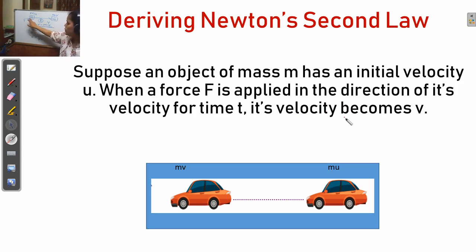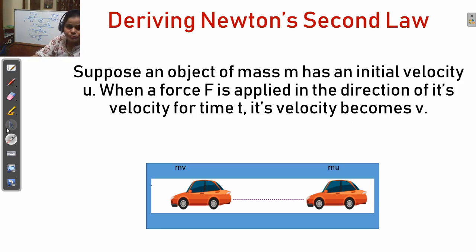That means the mass of the object is m, the initial velocity is u, after time t the final velocity is v, and the applied force in the direction of motion is denoted by F.